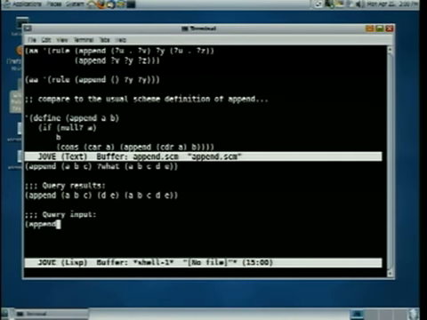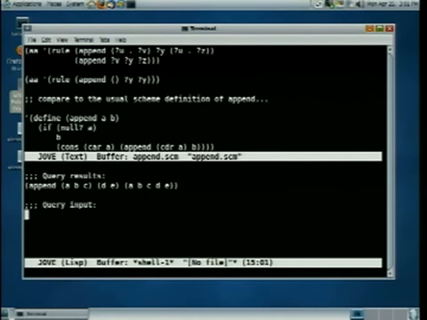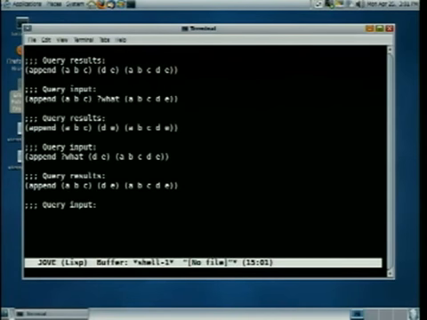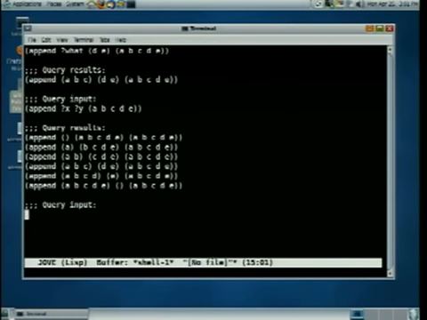I can say append what to DE gives A, B, C, D, E. And that works. And finally, I can say append X, Y to get A, B, C, D, E. What are all the things I can append to each other to get A, B, C, D, E? And here they are. Okay?